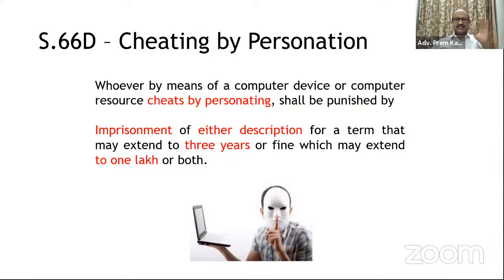So 66D, cheating by personation. How does it come into it? The person who spoofs is not me, but appears to the person on whom it's been spoofed to make him understand that it is me. So personation. This is one example of how 66D can be attracted.